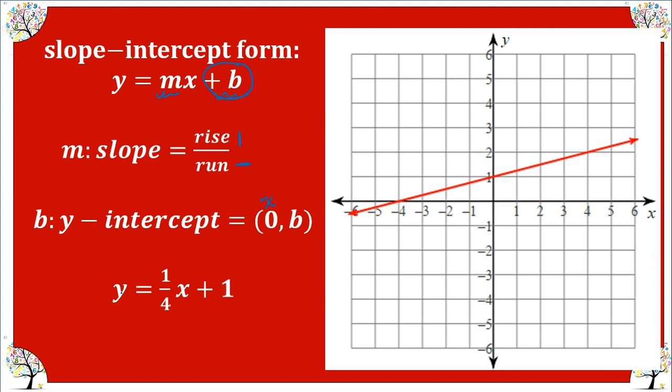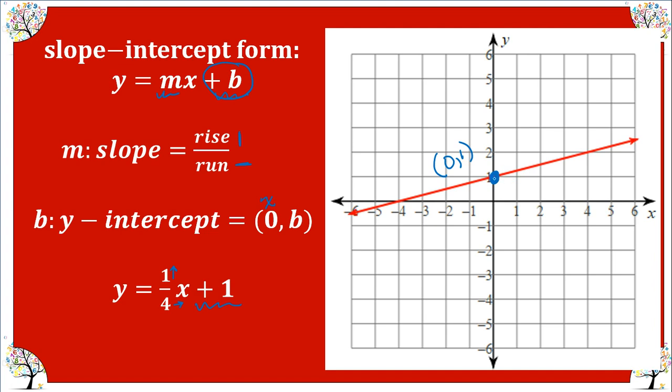Here in our example, we have y = 1/4x + 1. Our slope is 1/4. We're going to go up 1 and then to the right 4 to get from point to point. And we will start at (0, 1). So your y-intercept is always when x is 0, so this ordered pair is (0, 1).